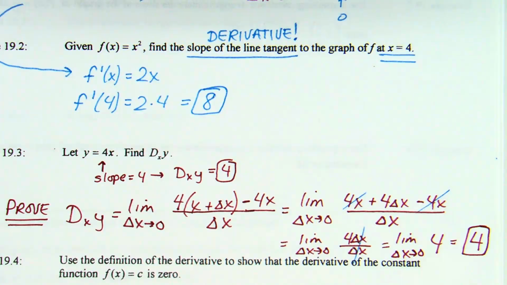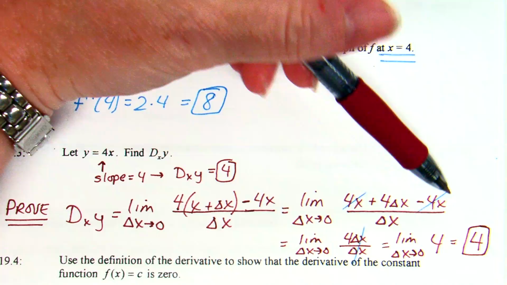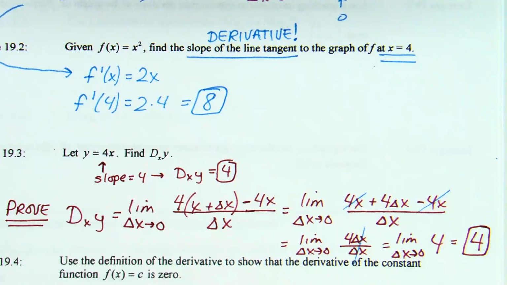So those x's always cancel then? Or are there special situations where they do? Yeah, in every single one, there'll be something that cancels. I can't exactly say what. But yeah, there'll be something that cancels. Anything that doesn't cancel on top should have a delta x in it, so you can cancel out the delta x in the denominator.